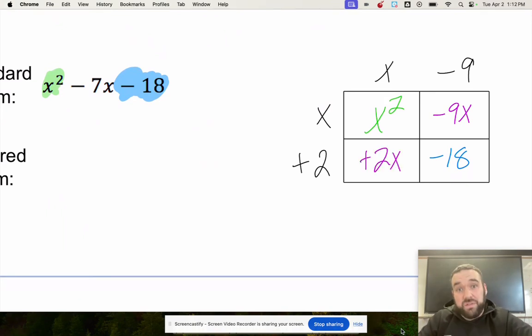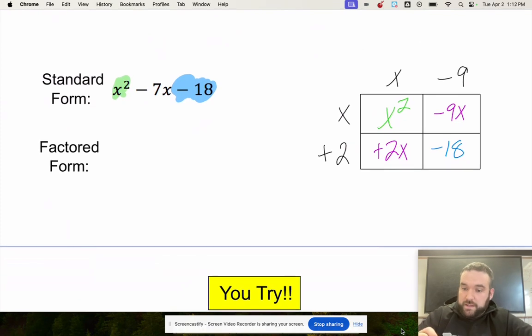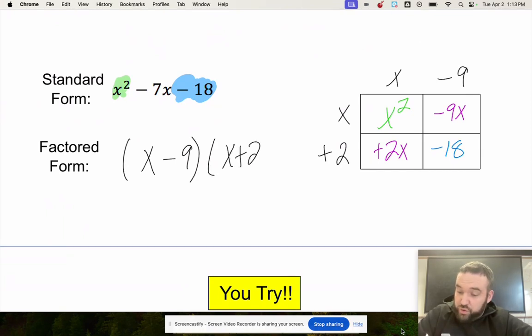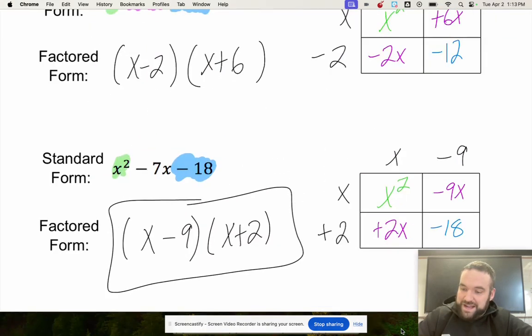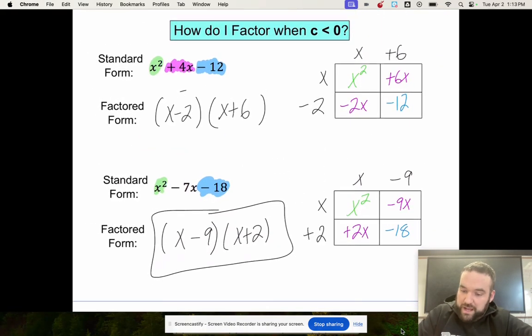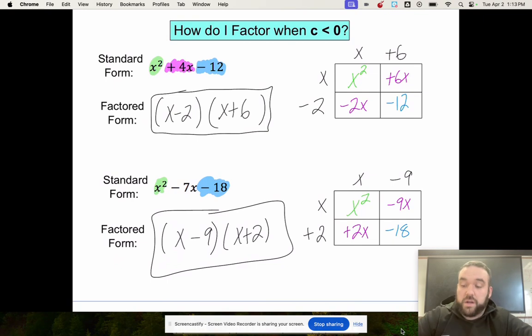And when I combine those two, I will get negative 7x. So x minus 9 is one of my factors, and x plus 2 is the other. Okay, so that is how we can factor when the c value is less than 0, that plain number at the end.